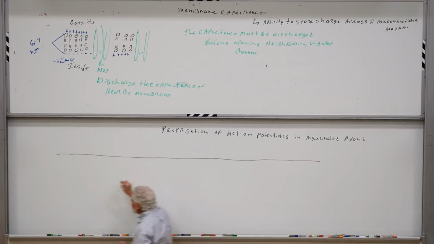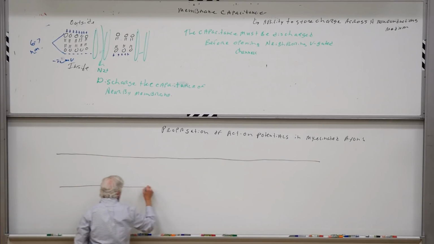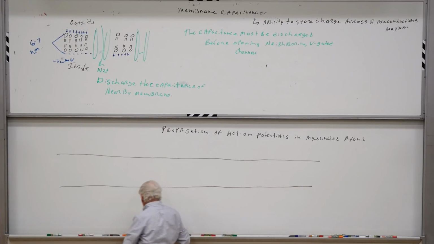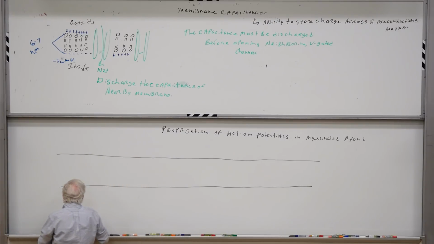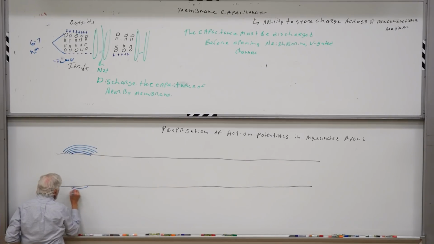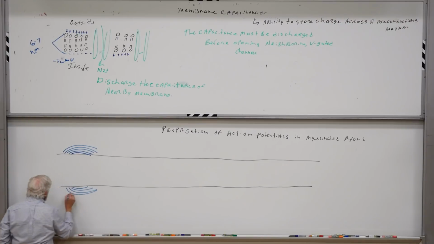But remember when we were talking about Schwann cells and oligodendrocytes, that at intervals the membrane is ensheathed, it's wrapped by concentric rings of the plasma membranes of the oligodendrocytes or Schwann cells. So this is the myelin sheath.